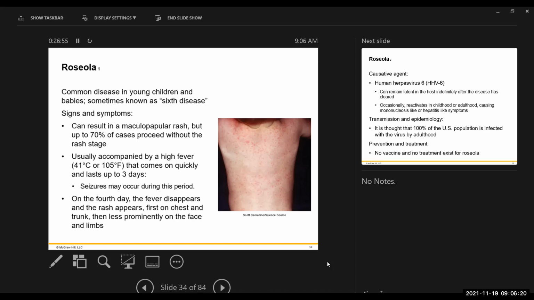To remember the main features of roseola, here's a mnemonic: fever first, rosy later. Again, that's as dumb as the rest of my mnemonics, but fever first, rosy later.